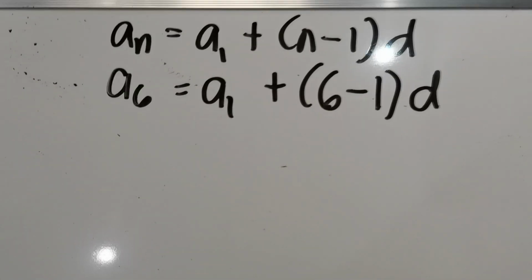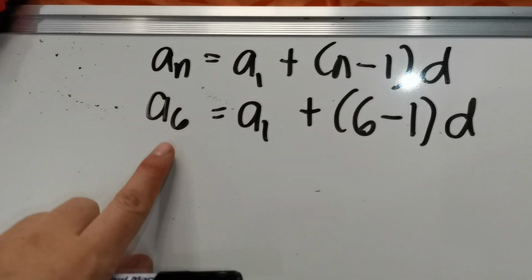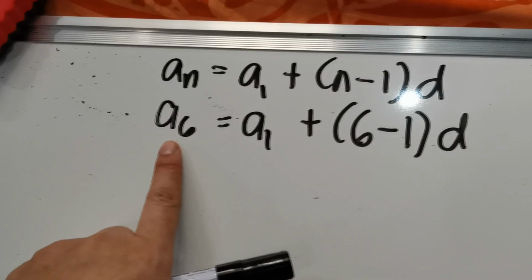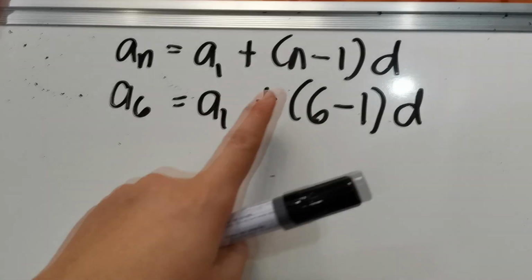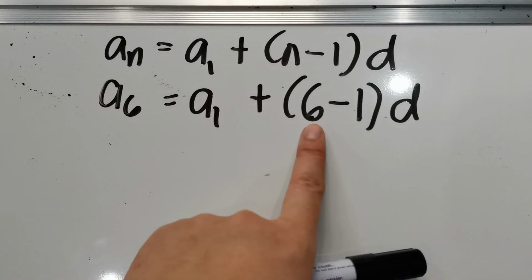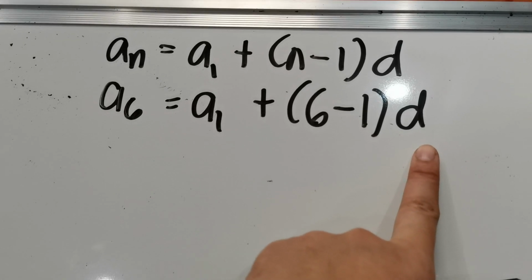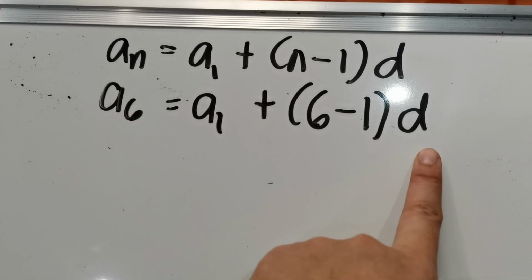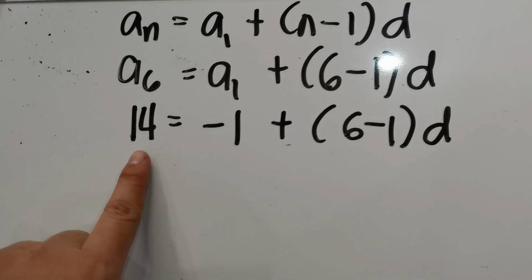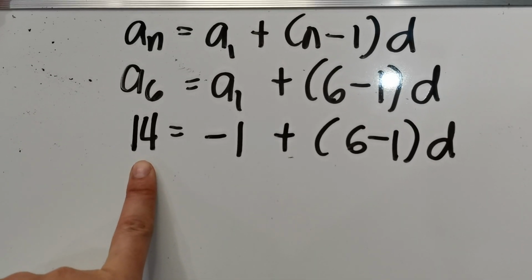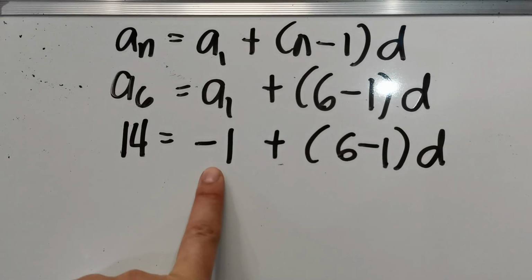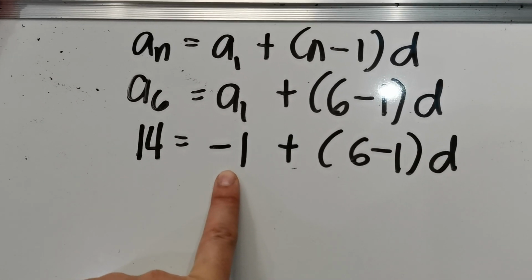I-derive natin sa formula ang value ni difference. So, by substituting, ang ating last term is a sub 6. We have here a sub 1. The number of terms here we have 6 minus 1 times d. And then, substitute na natin yung mga existing given natin. Remember, the last term we have in the given is 14. And the first term in the given natin is negative 1.